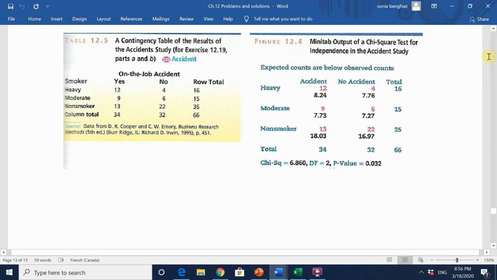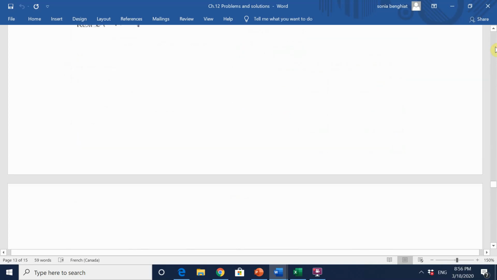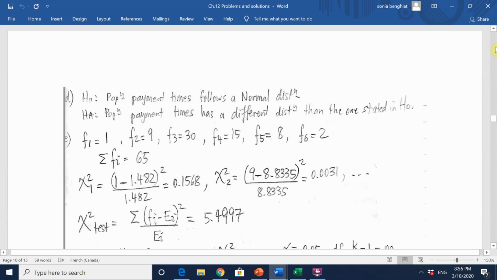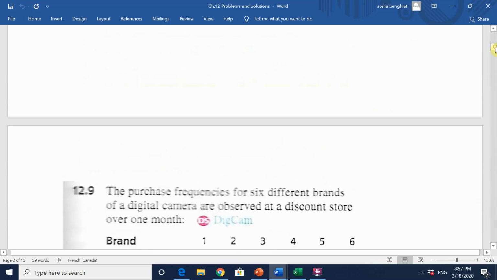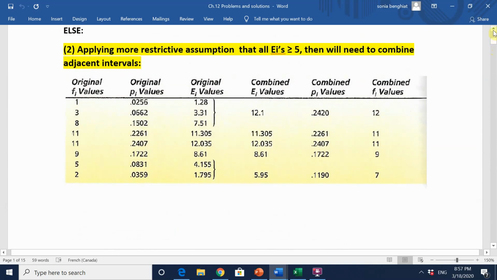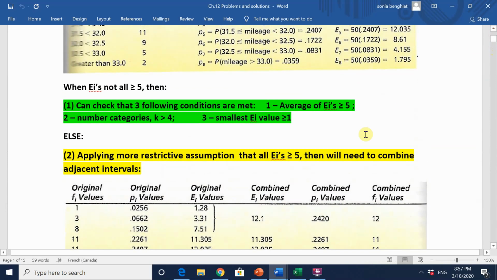Just remember here before I close off this chapter that in order for your chi-square results to be meaningful, you must make sure that all your EIs or EIJs, if you're going to use the test for independence, are at least of a value of 5 or more. If not, then you have to apply some remedial measures.